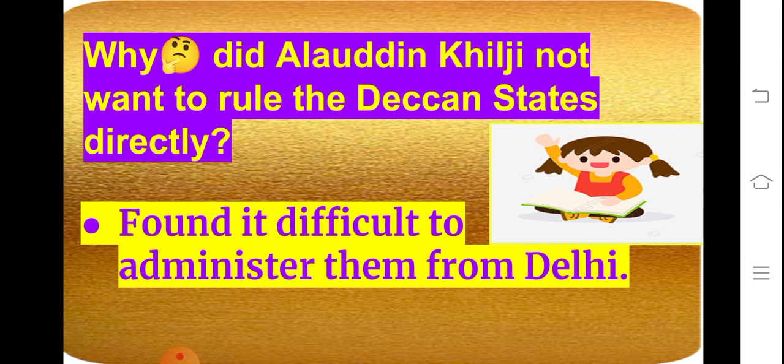Okay, now let's discuss the activity. Why did Alauddin Khilji not want to rule the Deccan states directly? Alauddin Khilji did not want to rule over the Deccan directly because he knew that it would be difficult to administer them from Delhi.